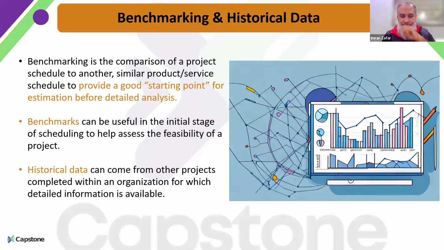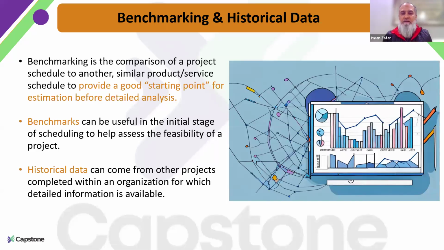For that, the tools and techniques that we can use to start developing or refining our schedule, or to know what different activities can be involved, or how we can proceed with the scope management plan, include benchmarking.